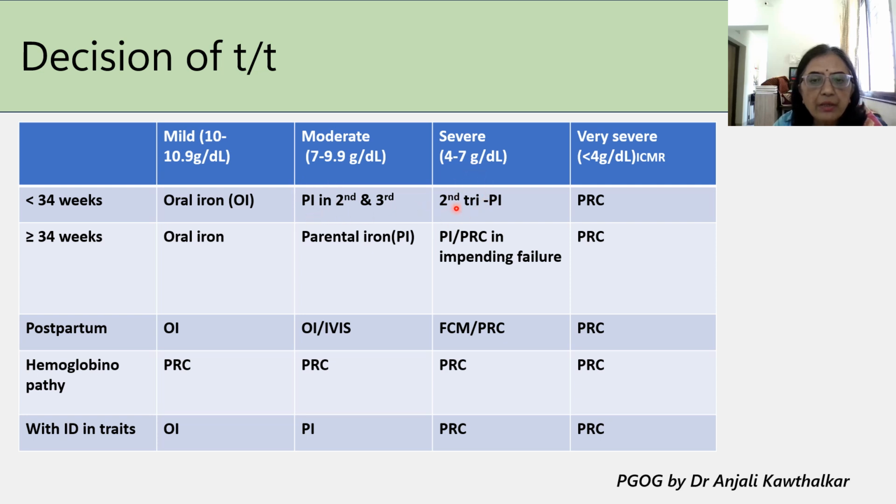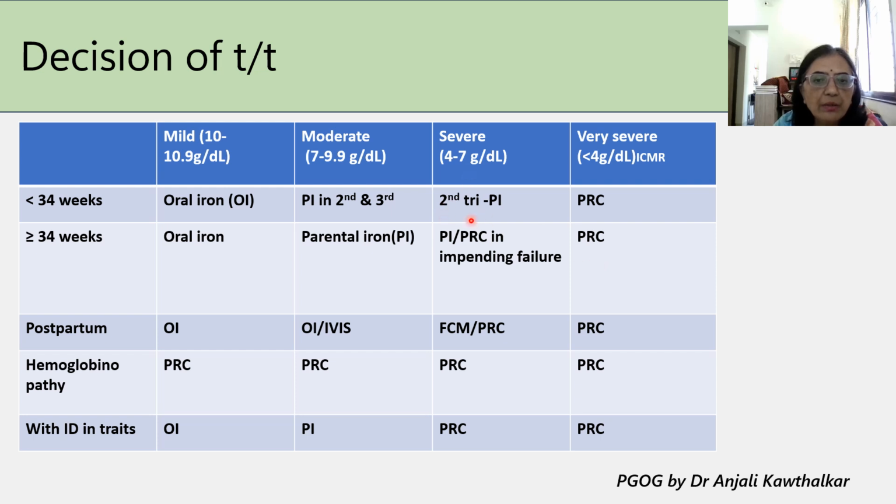Severe anemia, we can even, for severe anemia also, we can go for this second trimester parenteral iron can be tried. Whereas third trimester, it is better to go for PRC, blood transfusion, and very severe, less than 4 is definitely for PRC. So less than 4, irrespective of timing, blood transfusion, PRC, packed red cell transfusion is recommended.